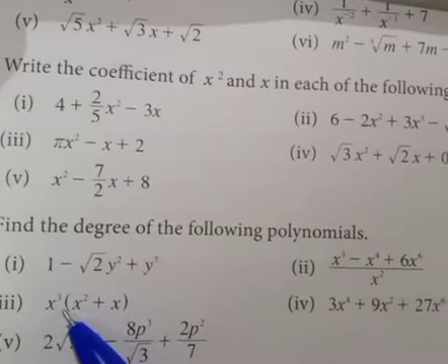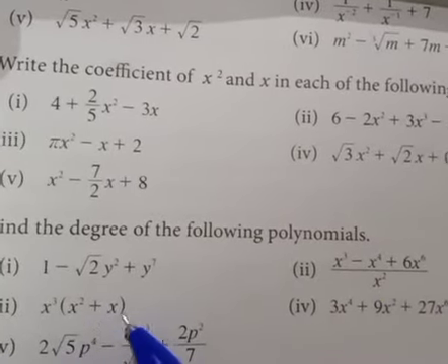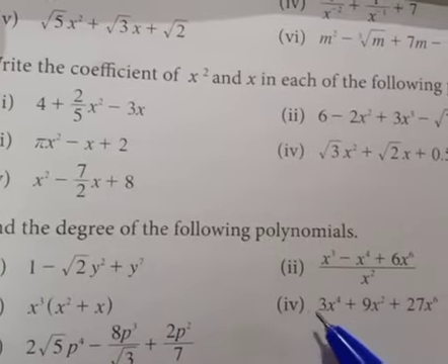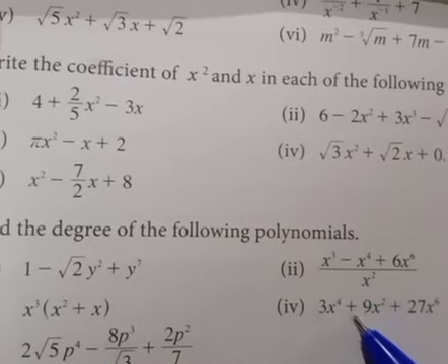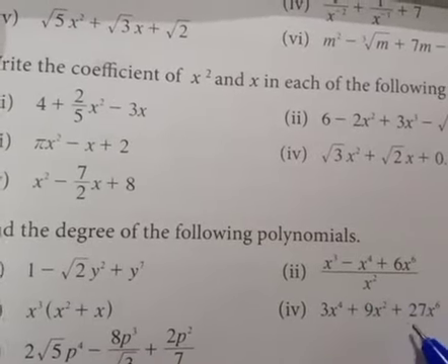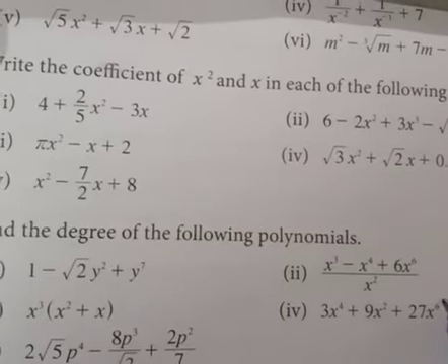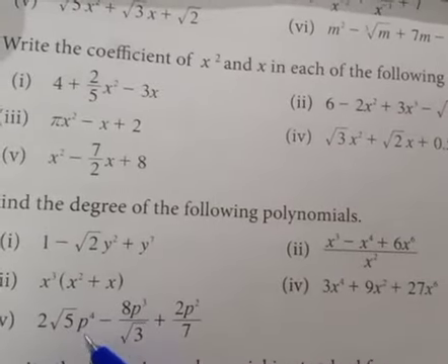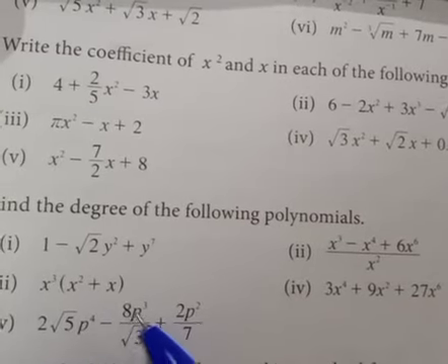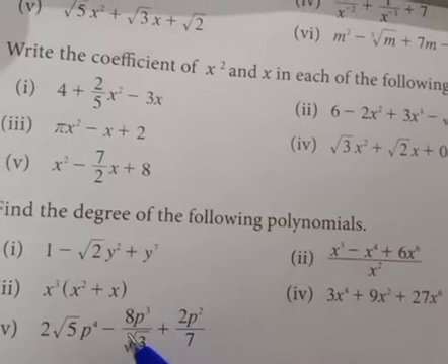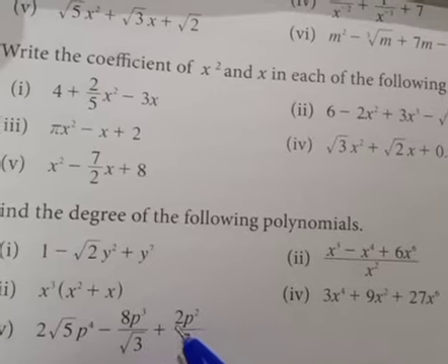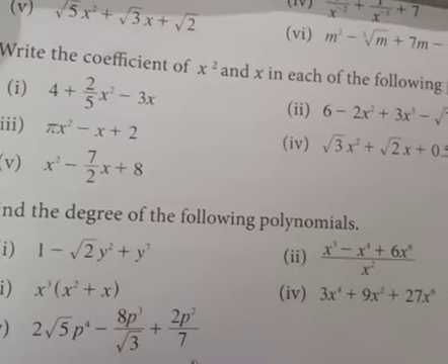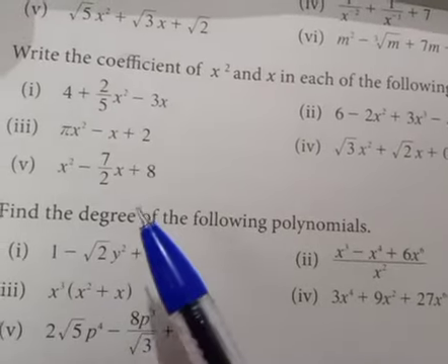Third problem, x cube into x square plus x. Fourth problem, 3x power 4 plus 9x square plus 27x power 6. Fifth question, 2 root 5p power 4 minus 8p cube by root 3 plus 2p square by 7. We have to find the degree.